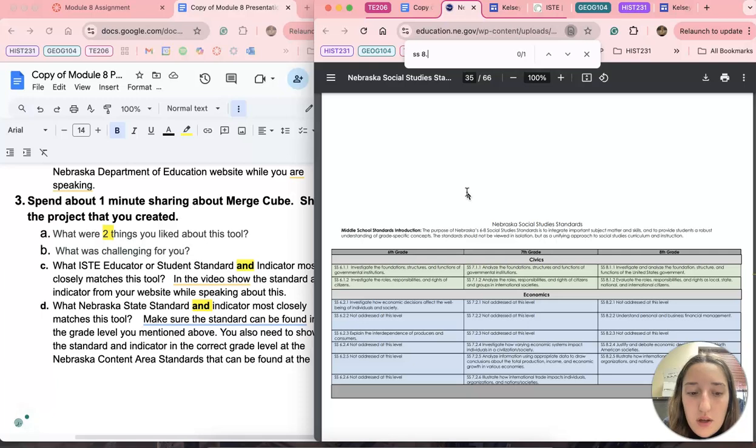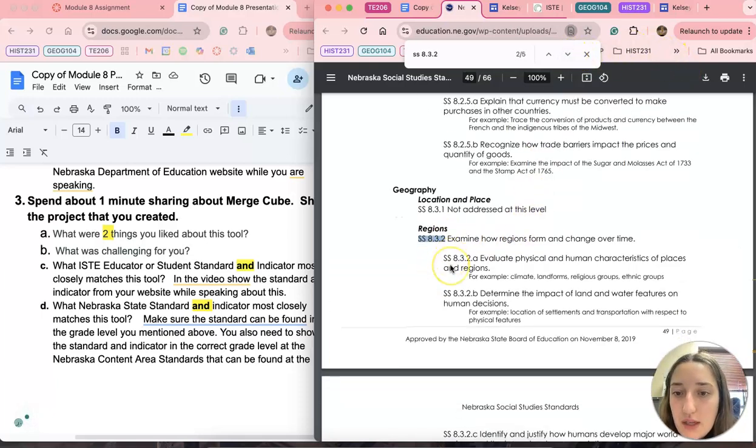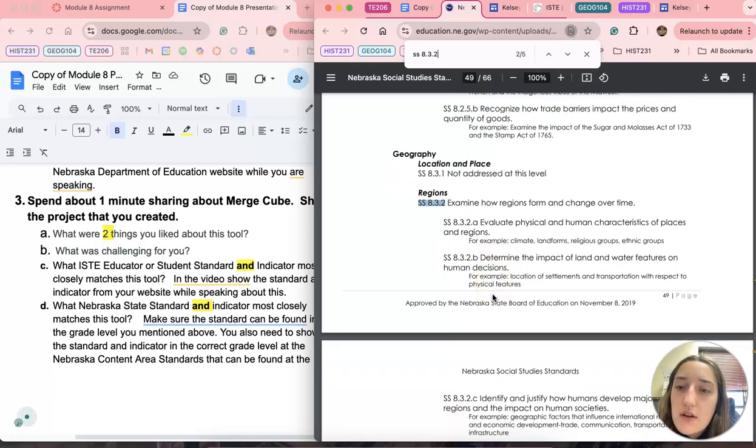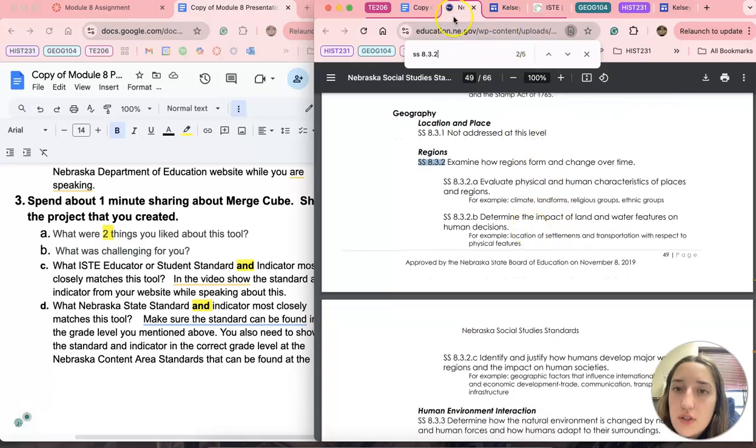I can pull it up here. Examine how regions form and change over time. Indicator A, evaluate physical and human characteristics of places and regions and their effects on those features as well.